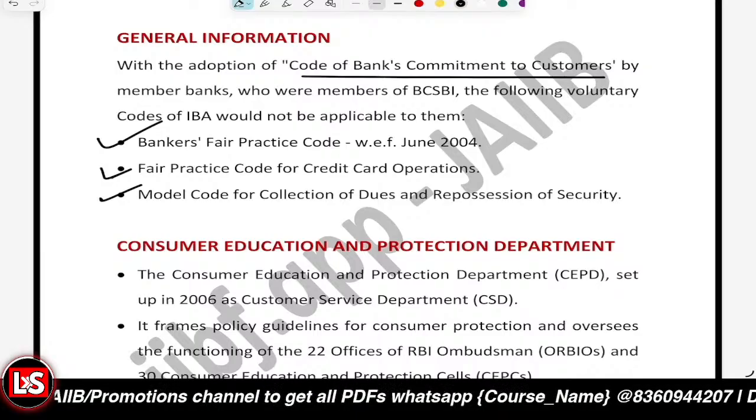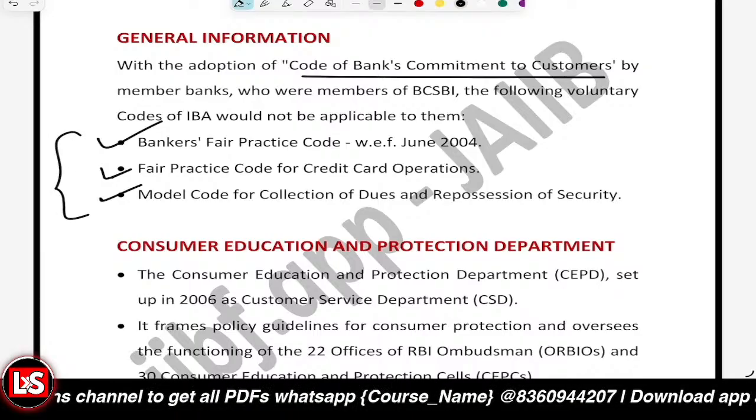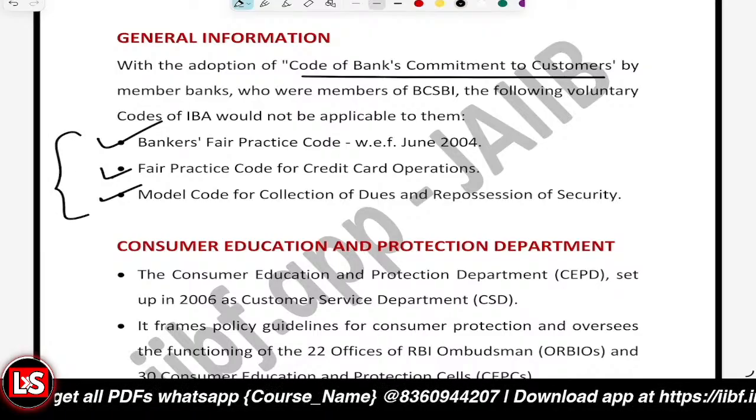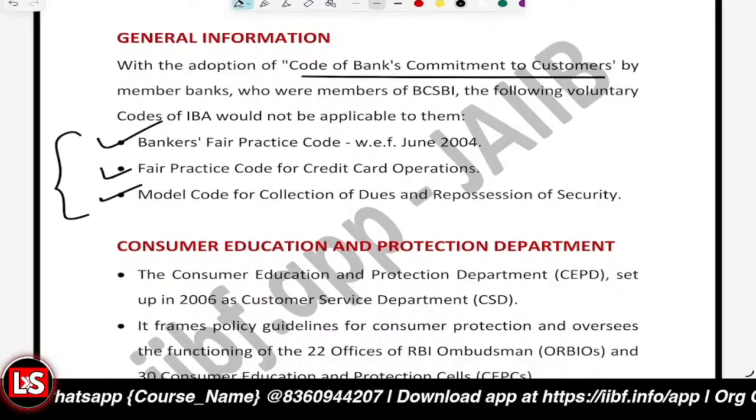So those won't be separately applicable if you are following the Code of Banks' Commitment to Customers, and that basically dissolved them thereafter.